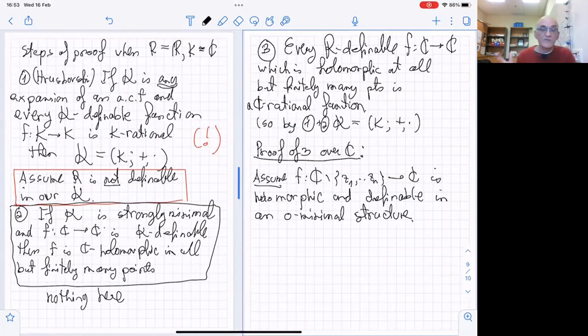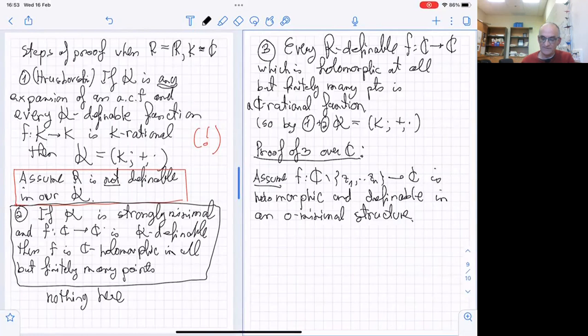Okay, we want to show that it's rational. How shall we do it? Let's see that actually, and in some sense, if you want the whole complex analysis in O-minimal structure, from my point of view, comes down to this particular point that I'm just going to talk about now.